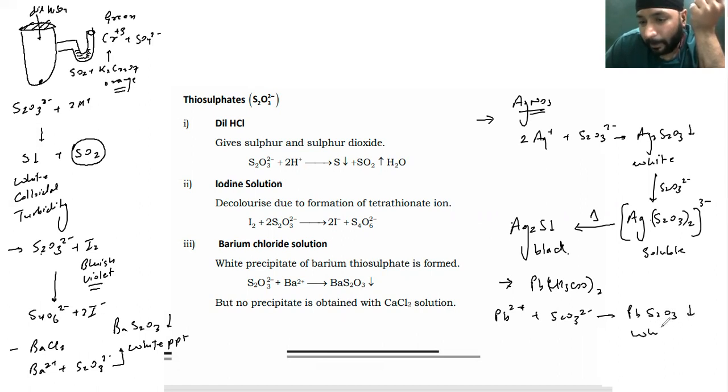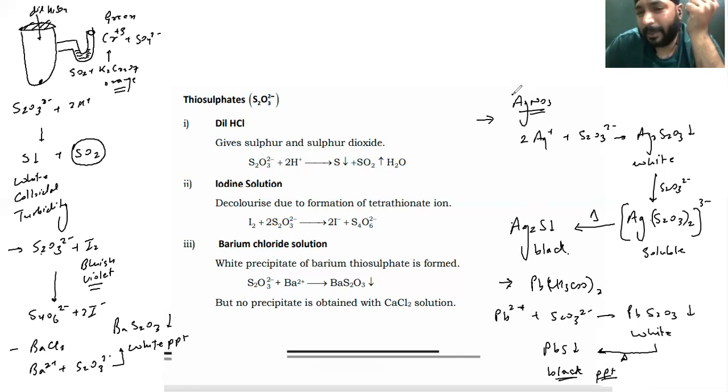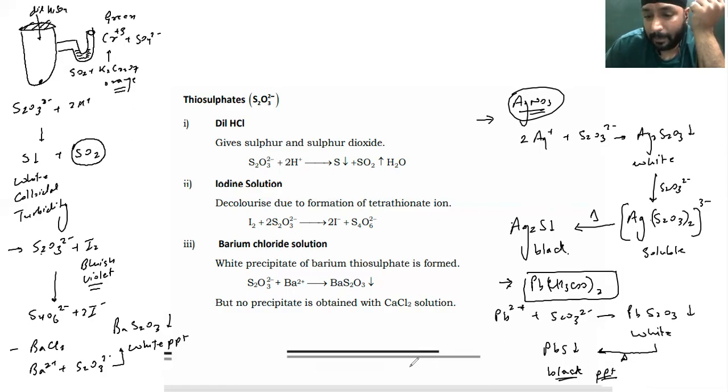Now this white PPT, on heating or on keeping the solution standing, again becomes PbS, which is a black PPT. I guess you understood the nature of the reaction with AgNO3, and lead acetate is almost similar except for the complex formation over there, right?